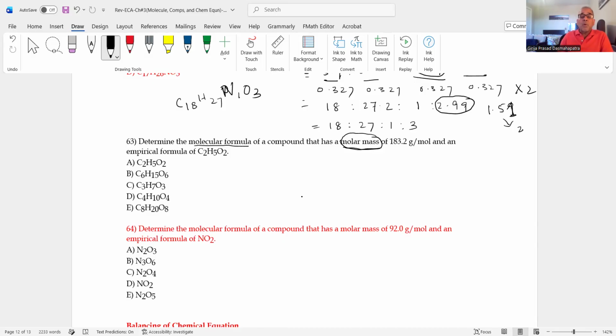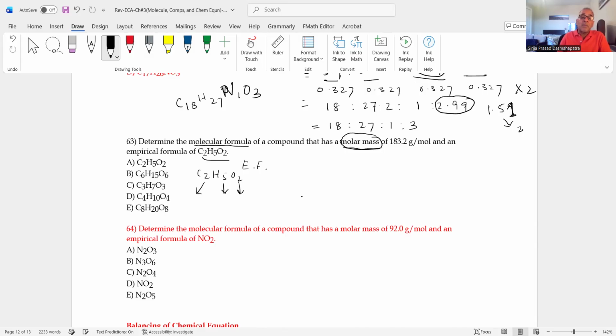Okay. So what you have to find out is something called, as I said, if this is the empirical formula, this is C2H5O2. So if you know the empirical formula, you cannot find out the molecular formula for sure, but you can guess. Okay?